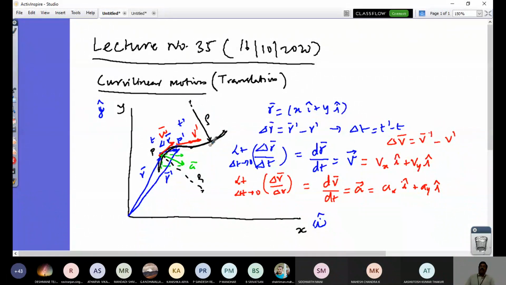Right? Okay. So you have now defined your three motion parameters vectorially. The acceleration vector is dv by dt, the velocity vector is dr by dt, and you can also resolve them in x and y directions for convenience while solving problems. This is the description of the motion parameter definitions using this actual 2D path plane.